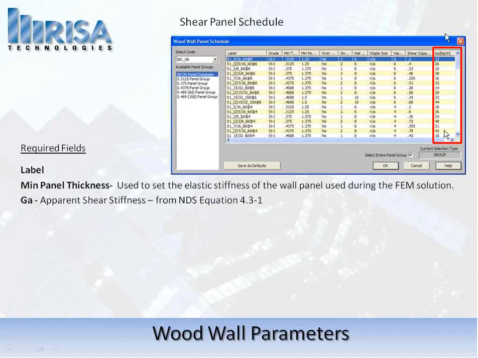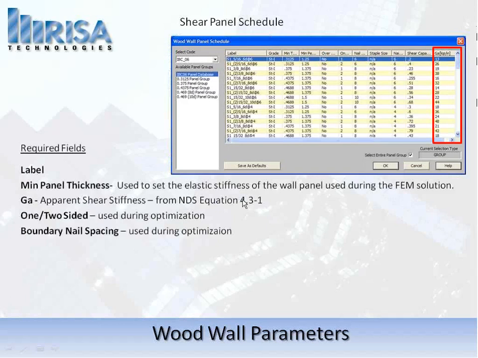That value is coming right from the NDS equation 4.3-1, and it's going to go right into that equation when we do the deflection calculations. Okay, the next one is going to be 1 or 2-sided. That's pretty easy too. You can set that in the design rules, or you can set this up in here and choose 1 or 2-sided.